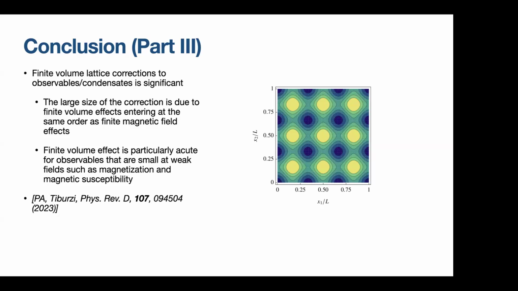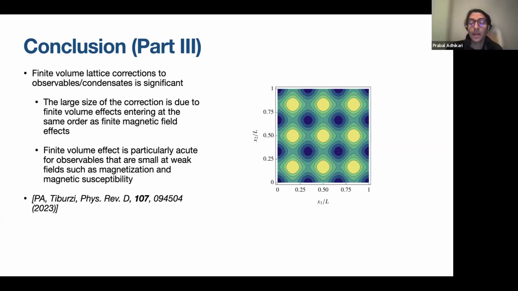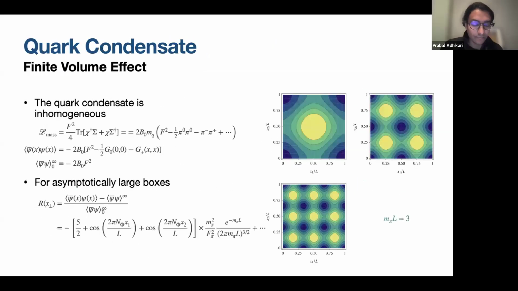If you don't have, I also have a question just on this plot. So remind me what the color represents in this. So what am I plotting here? Let's go back. Okay. So what I'm plotting here is the chiral condensate, which is proportional to the coincident Green's function. In the large volume limit, the corrections are exponential times some power law, and then there is the spatially varying structure that's encoded in the cosines.